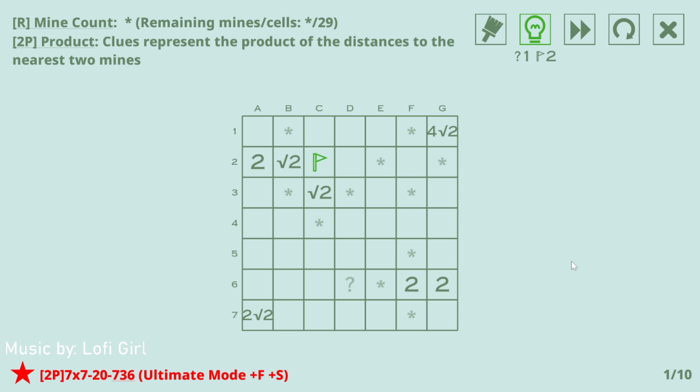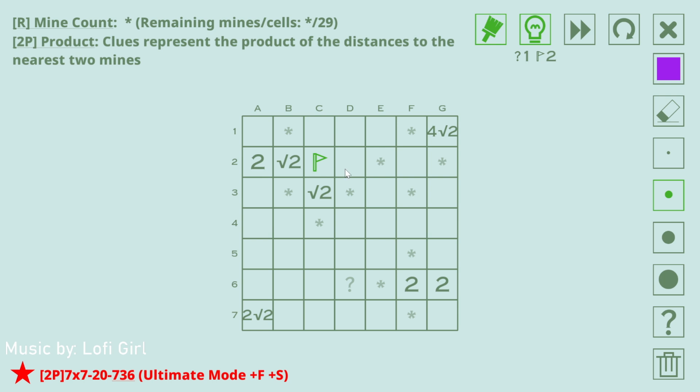Okay, what is it I can do here? There are so many empty cells, but they're all unrevealable until I finish this because ultimate mode. Yeah, this is the kind of challenge I was expecting from ultimate mode, because this is probably very obscure cells, right? If this were a mine, then we know this 1 times 4 root 2 just does not work out. And so what that means is that it must be root 2 times... wait.